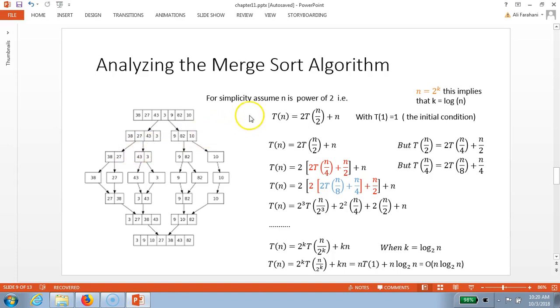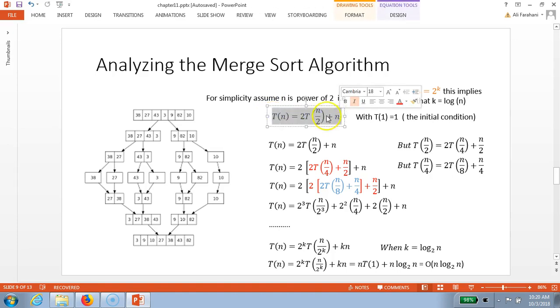Now, with that in mind, in the mathematical analysis of recursive functions, we write a recursive equation that describes the amount of work done by the recursive function.